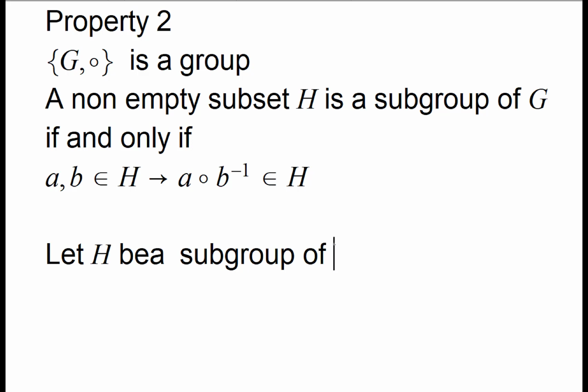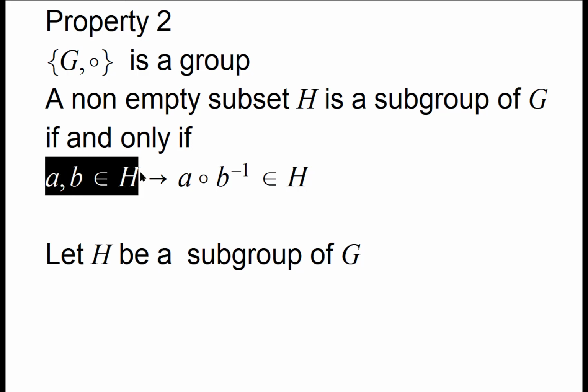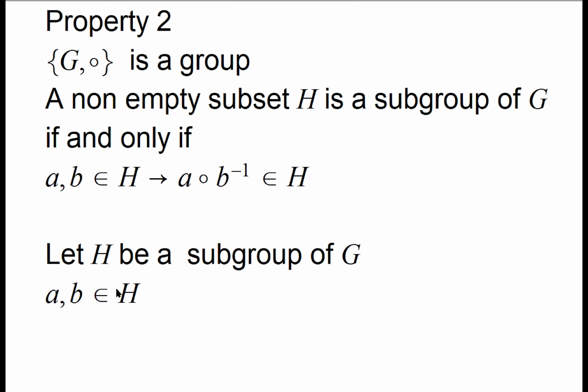Okay. Then what we have to show is that if these are in there, then AB inverse is in there as well. So we have this implies, since H is already a subgroup, B inverse has to live in there, right?